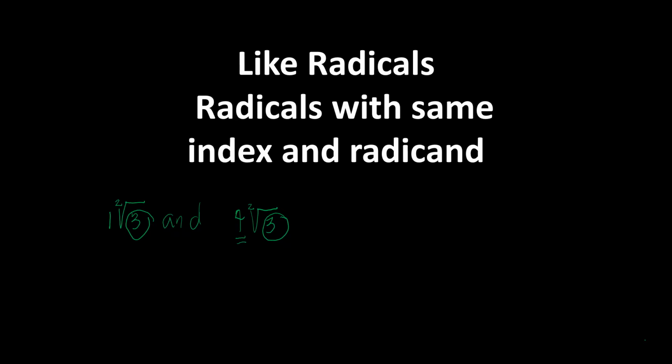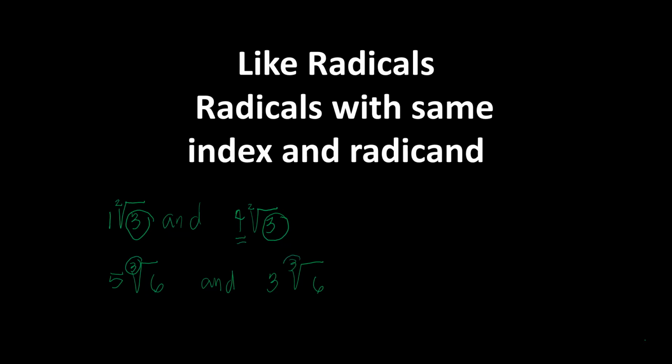So, another example, meron tayong 5 times the cube root of 6. And we have 3 times the cube root of 6. So, dito makikita natin yung index natin ay 3.